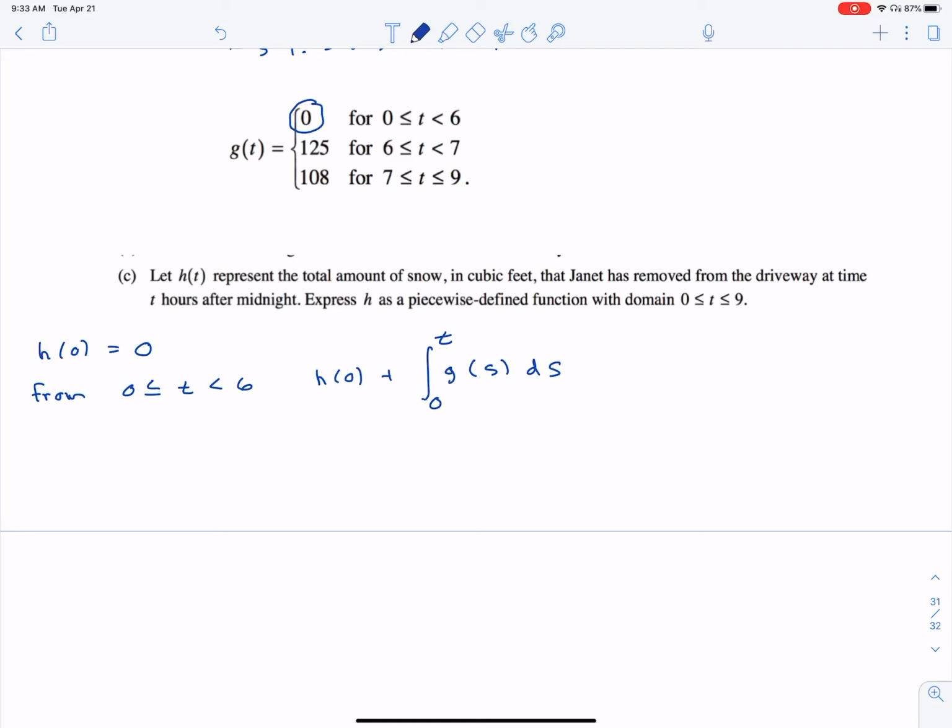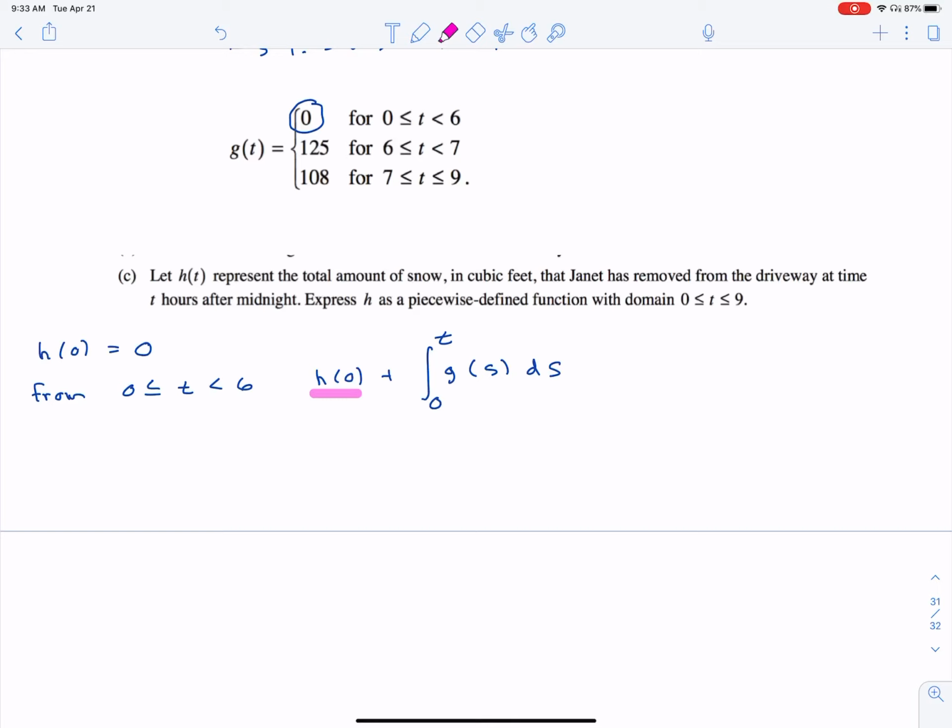This is going to give me the amount of volume of snow within the first 6 hours, right? So we start with the initial amount, which is 0, and then we add to it whatever the displacement that we're looking at. So I put a variable here and not the number 6, because this function right here is going to give us, we can evaluate this function from any time from 0 to 6, right?